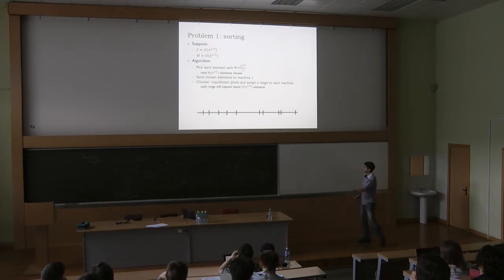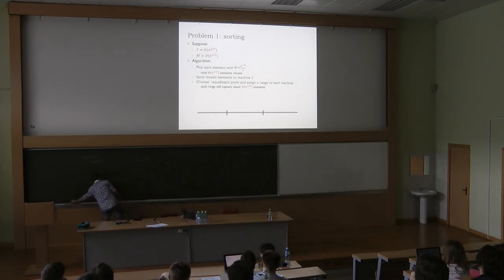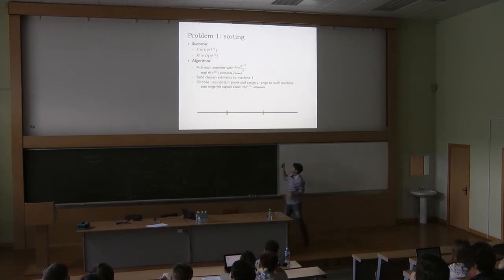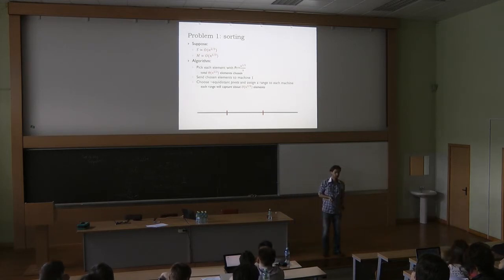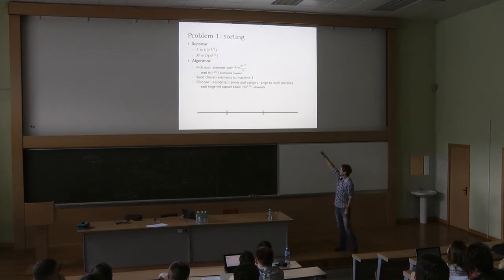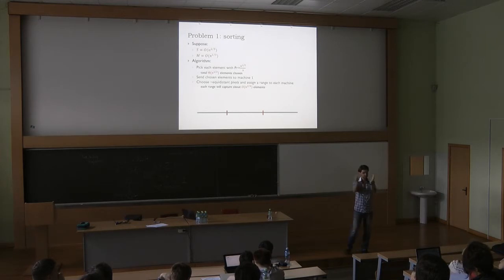So we had a bunch of chosen elements, and we choose these pivots. If you really want, I'll be lying, but you can think of the chosen elements as being the same as pivots. I make it slightly more complicated because if we just choose completely random elements, the ranges that we get will not be quite equidistant.